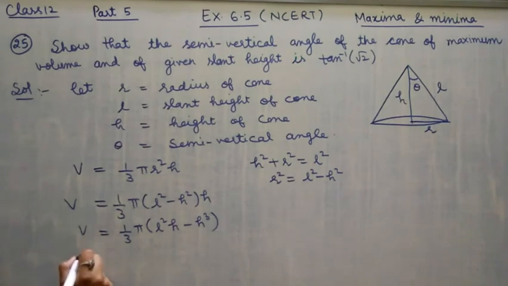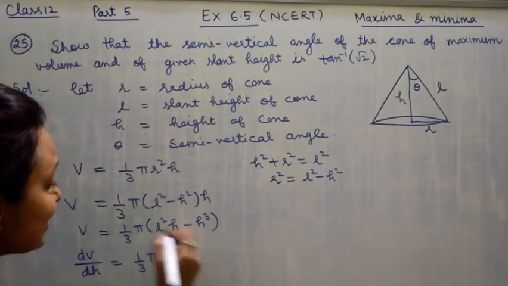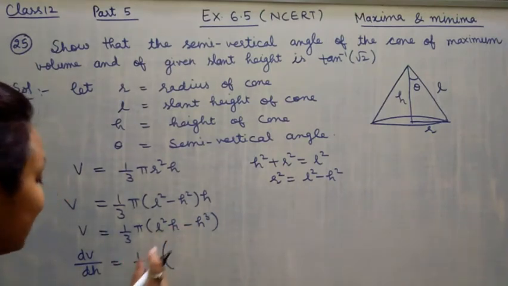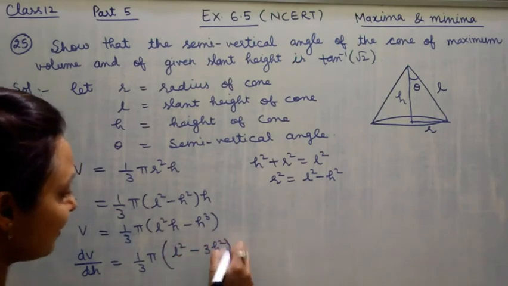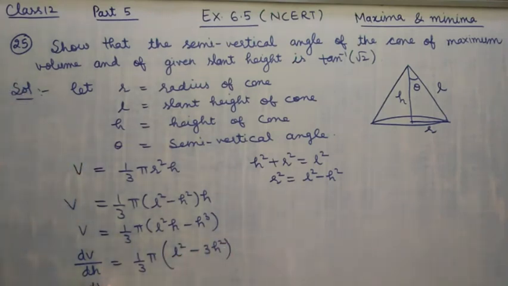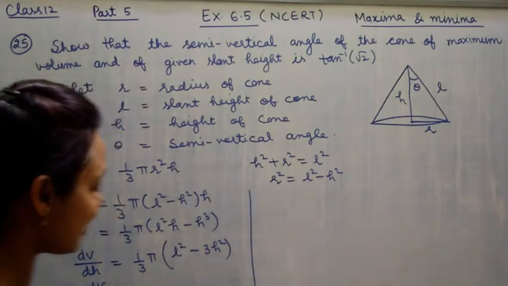This is V. Now find dV upon dh, that is 1 by 3 pi (L square minus 3h square). Set dV upon dh equal to 0.